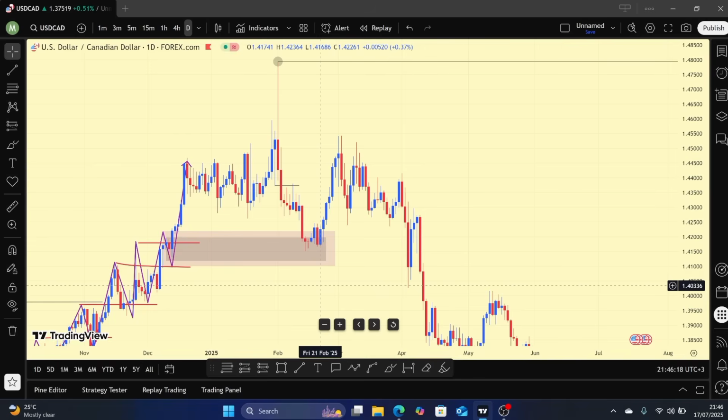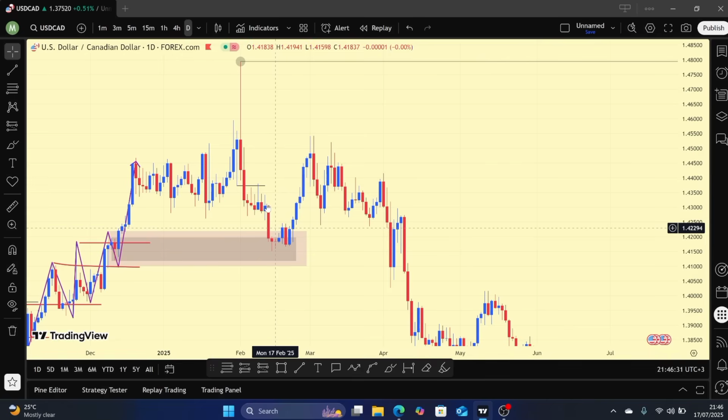So right here you can clearly see that price was coming into the range with a big selling candle, and this big selling candle was indicating that the sellers were dominating in the market.